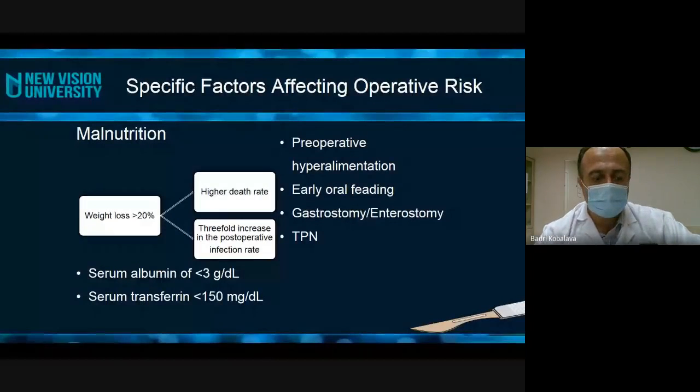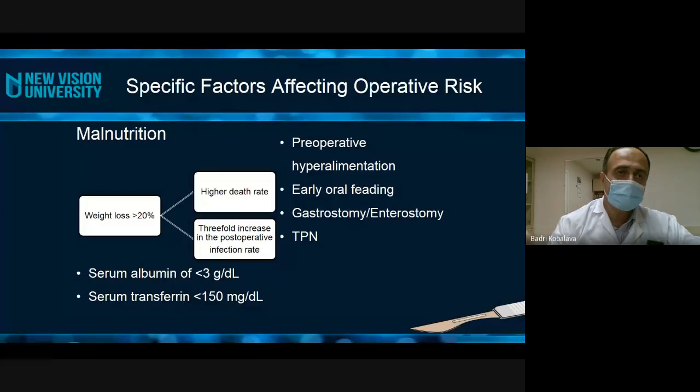So malnutrition is a serious risk factor of the surgery because during malnutrition and during deficiency of protein, vitamins, and building materials of new tissue, the healing process after surgery fails.